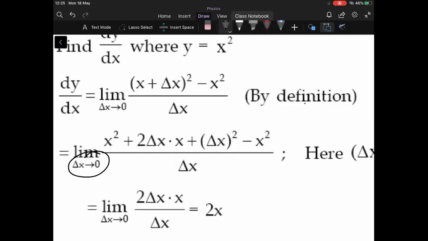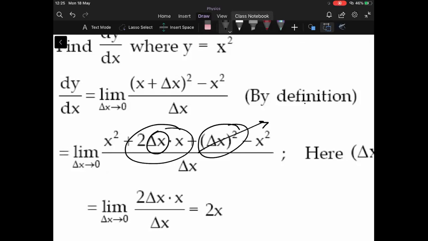Okay, so if you have something very small and you square it, it becomes even smaller, a far lesser magnitude. So here you have 2x delta x and here you have delta x whole square. In comparison, this term will be insignificant.